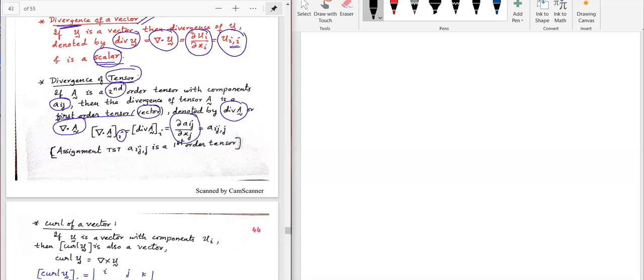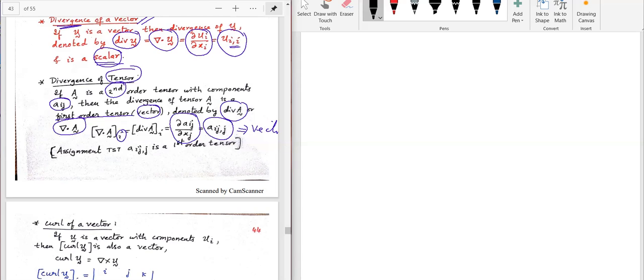So there is differentiation here, so comma notation can be used. That is equal to Aij comma j. j is dummy here, so only one free suffix. So definitely this is a vector, a tensor of order 1.